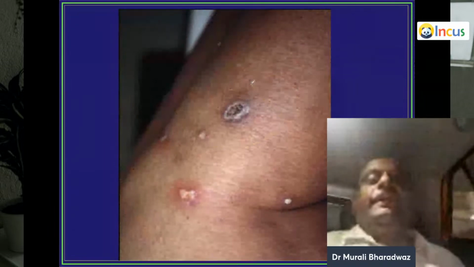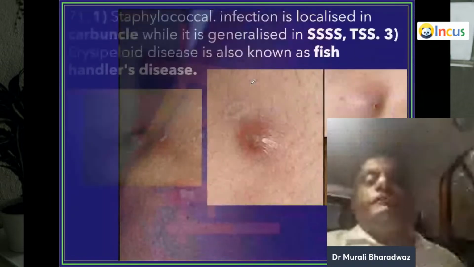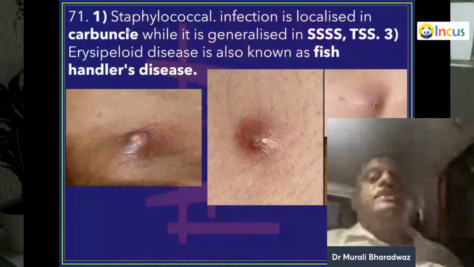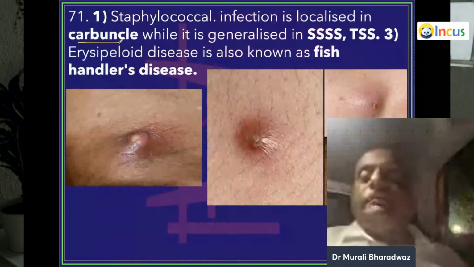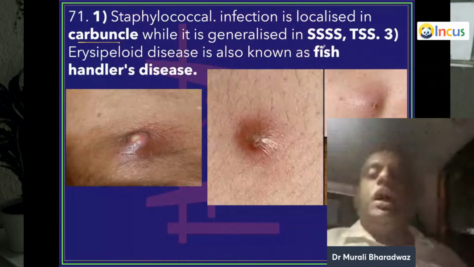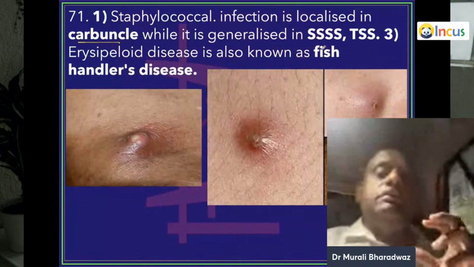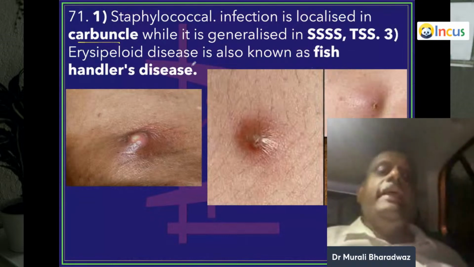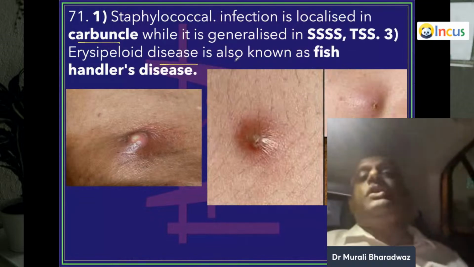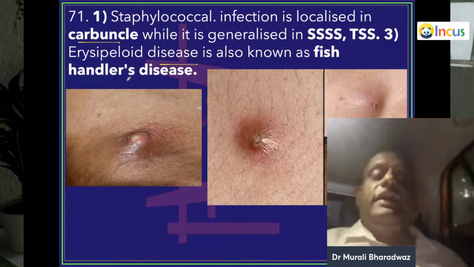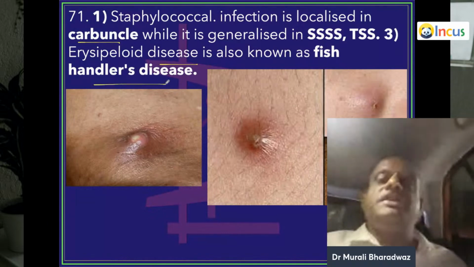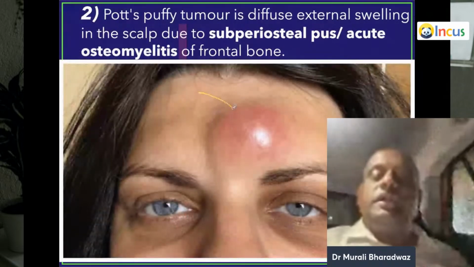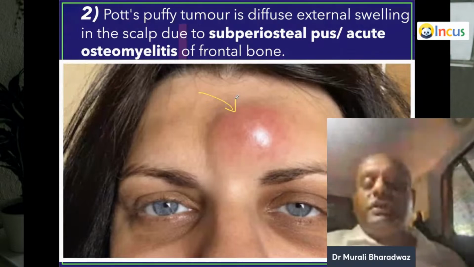Now coming to Staphylococcus. Staphylococcus leads to carbuncle whenever it is localized, or it leads to staphylococcal toxic shock syndrome. Erysipeloid disease is typically seen in, and is also called, fish handler's disease. Then what is Pott's puffy tumor, doctor?